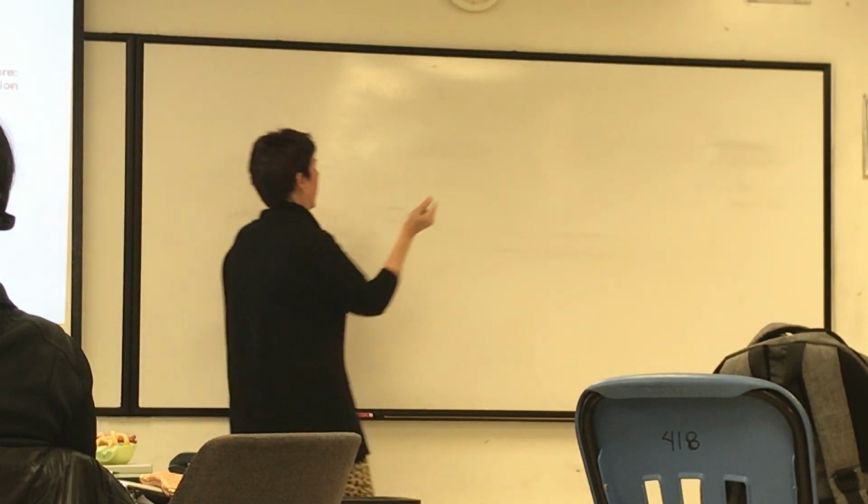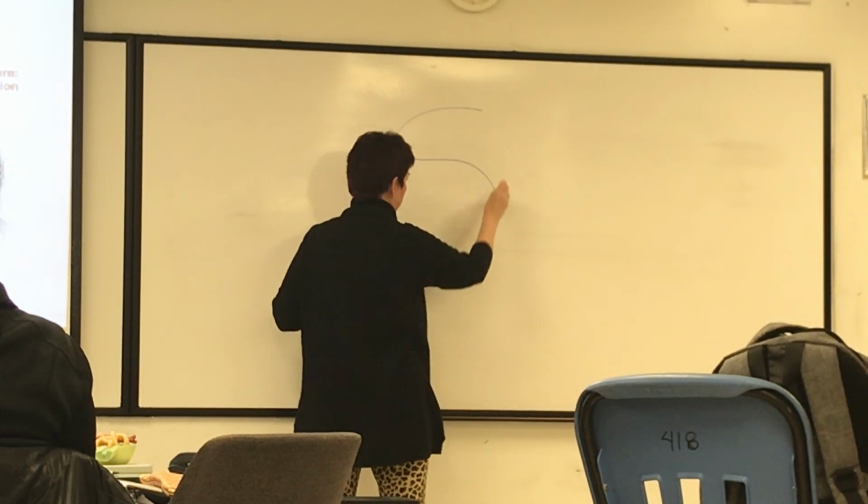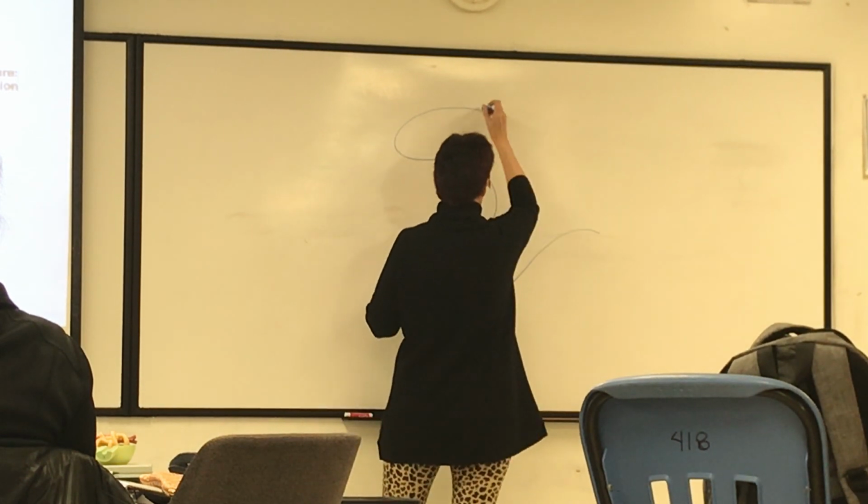So this is showing a simplistic arrangement of the capillaries. It's not showing the intimate relationship between the podocytes and the capillaries, but a more simplistic arrangement of that glomerulus and the capillary component.